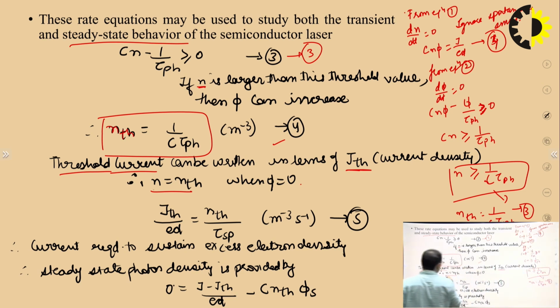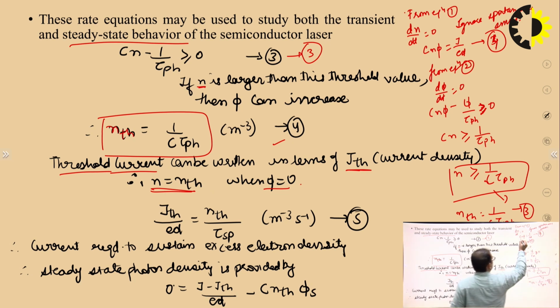Because when n equals NTH, at that time the threshold photons generated due to stimulated emission will be equal to 0. If I say the minimum current which is applied for the stimulated emission, that is JTH, at that time the photons produced due to stimulated emission will be minimum, that is equal to 0.